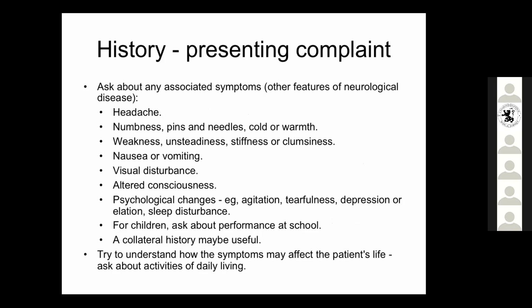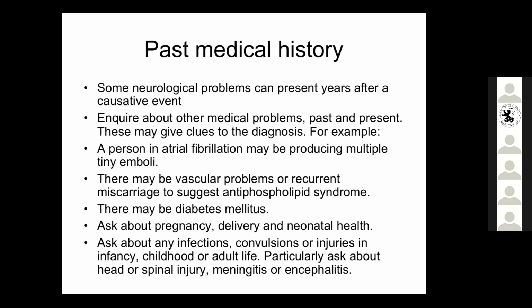And you have to also ask them if the symptoms affect their daily living, if they're able to live with it, and ask them about their performance in school, at work. So this is all about the presenting complaints.